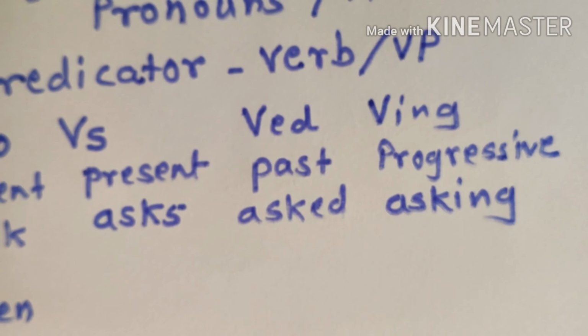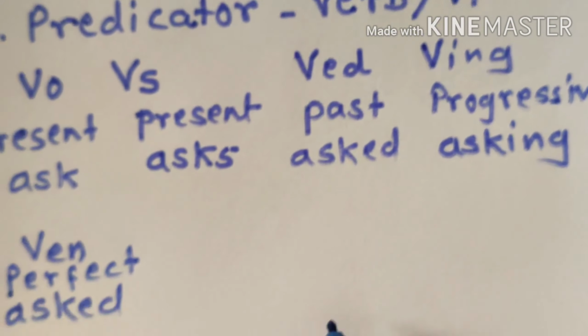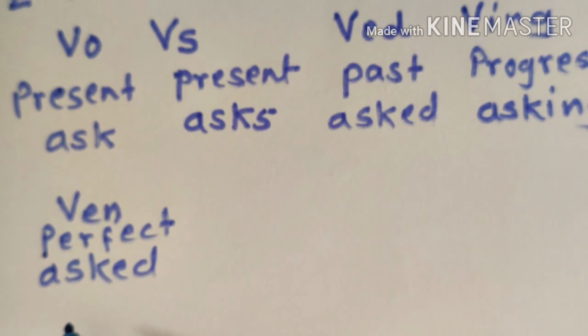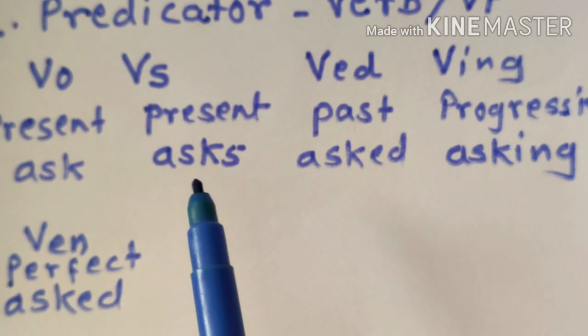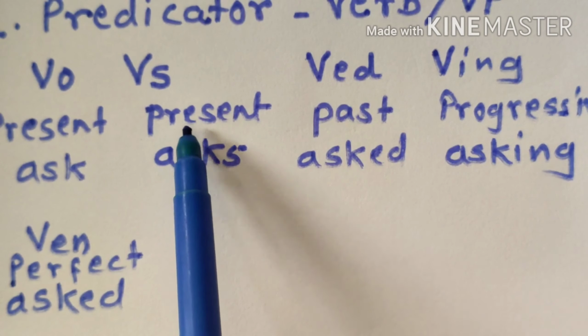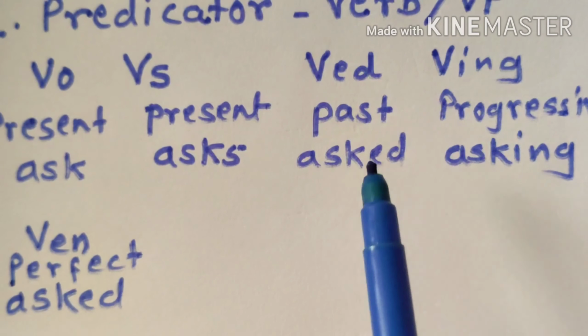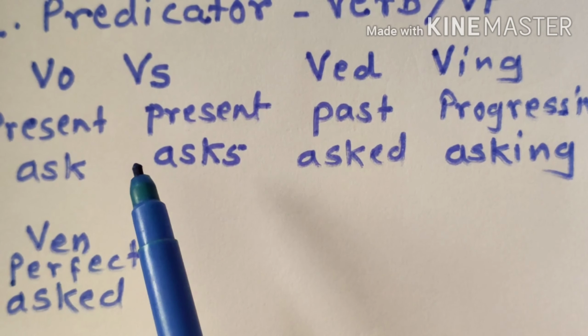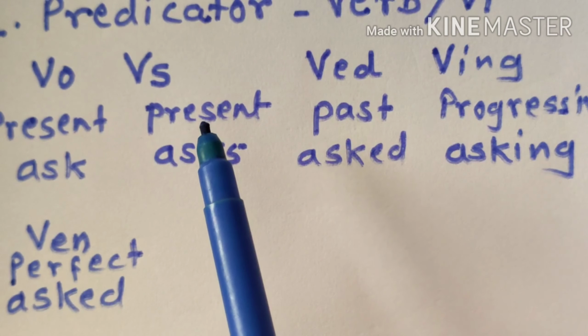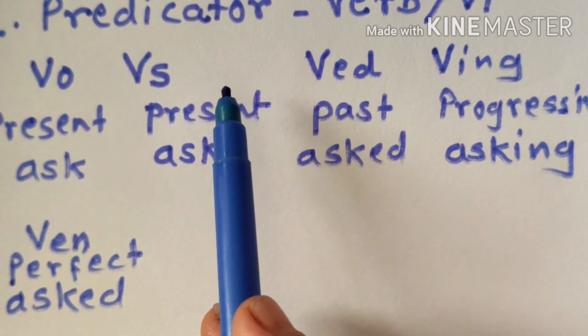This is the regular verb ask, so we have the same VED form as the VEN form. This is called the perfect tense form. So we have here 5 forms of the verb: VO, VES, VED, VING and VEN, which can be used in the sentence, and they are called predicator.